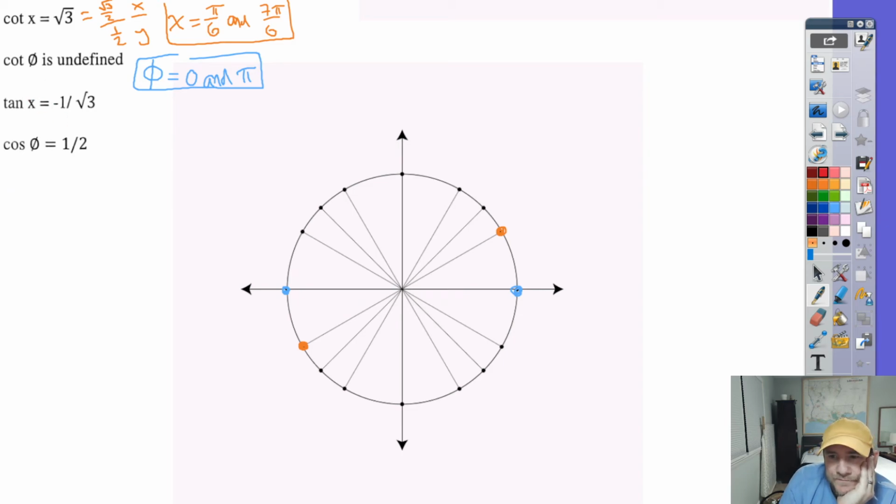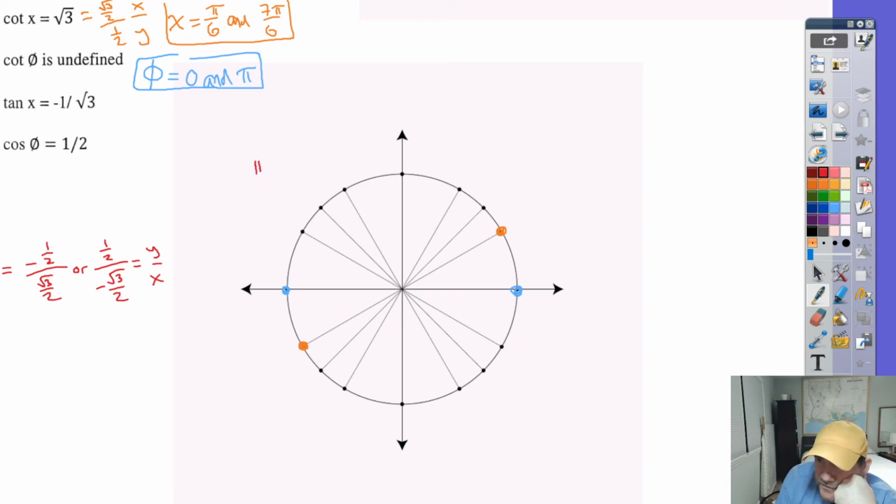All right, tangent. There you go. Tangent is y over x again, remember. For tangent to come out negative, we need the signs to be different.